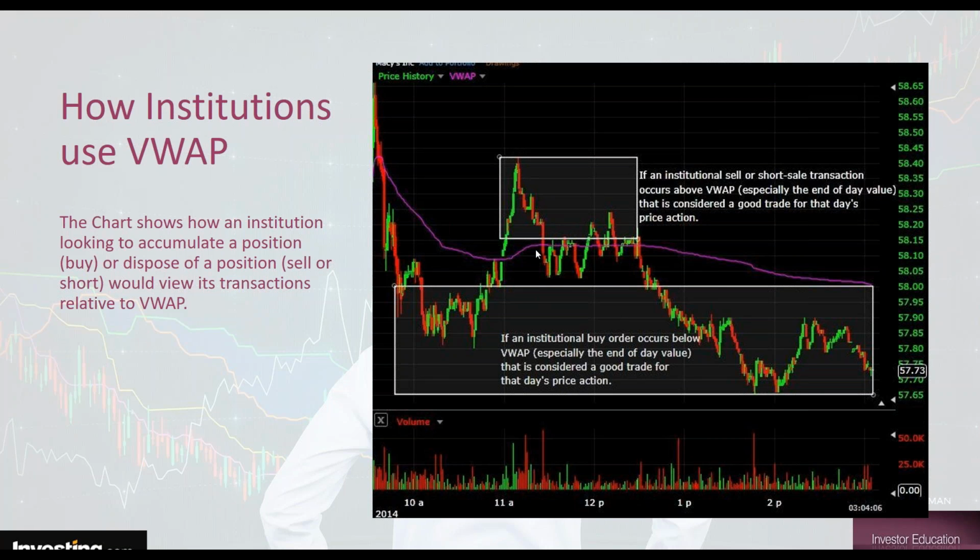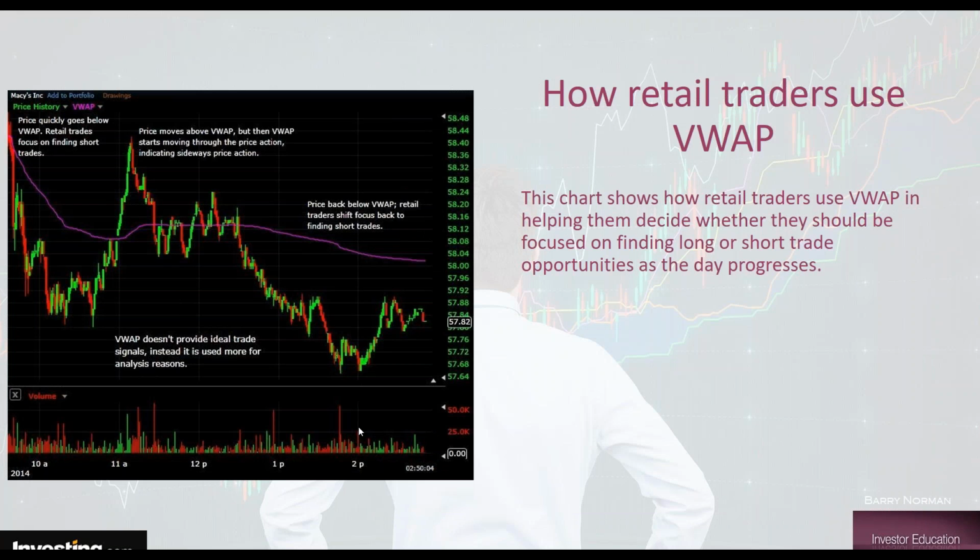Now, we are looking at this VWAP underneath. So an institution would buy here, and would be selling at this peak, where a short-term trader, on the other hand, would look at it differently, as it's the same price, the same movement. When price moves above the VWAP, but then the VWAP starts moving through the price action, it indicates sideways price action.